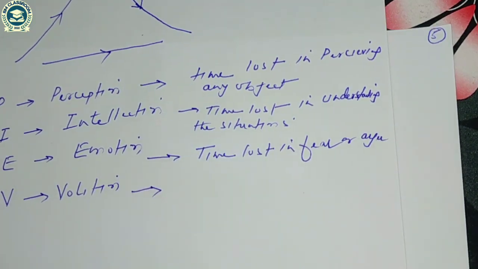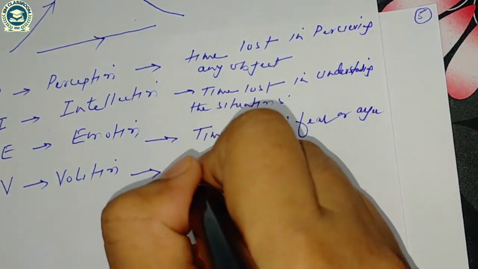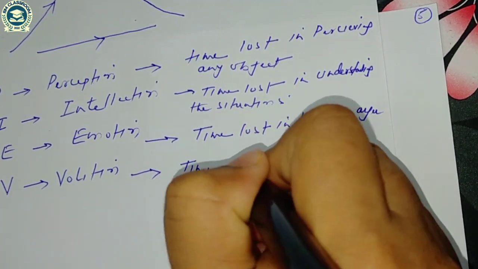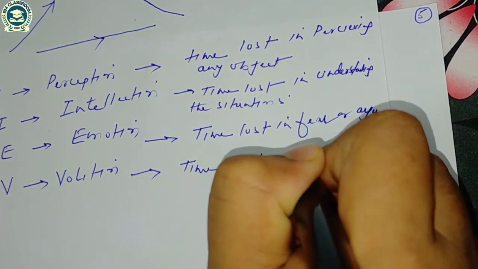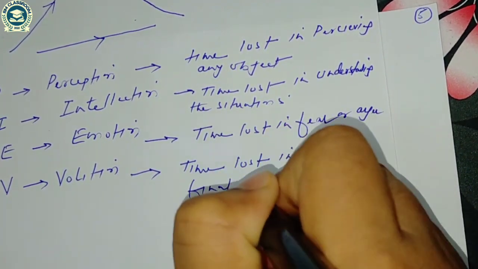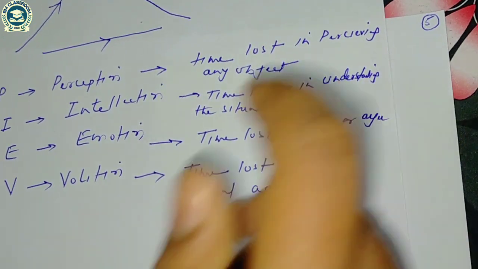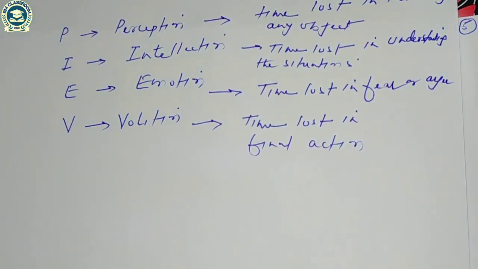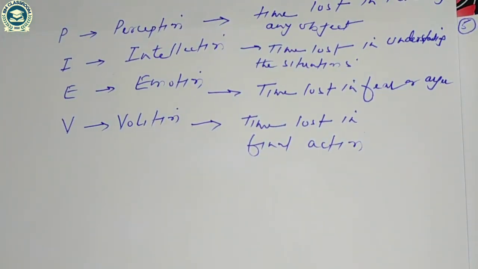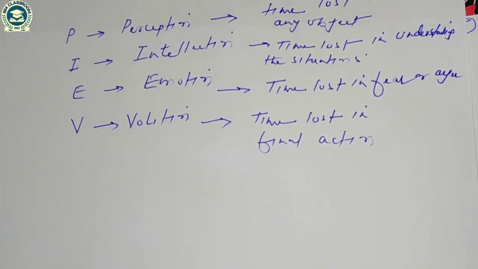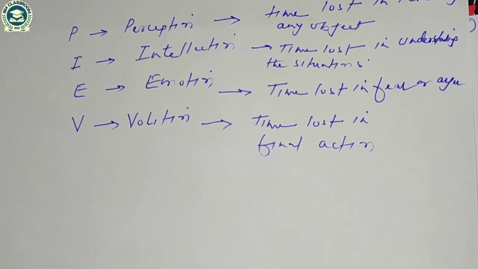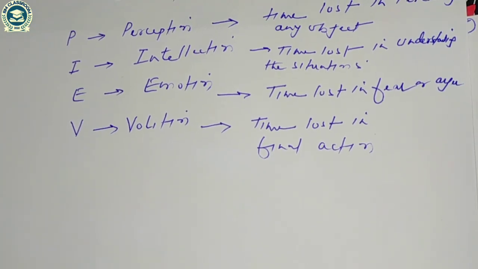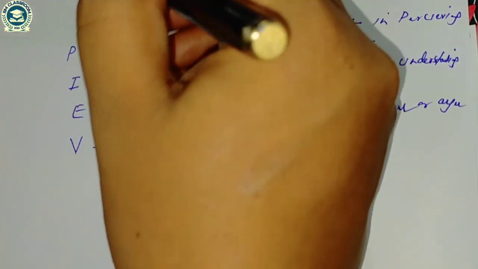And volition means time lost in final action. So perception time, intellection time, emotion time and volition time I have discussed. So this is our PIV theory.